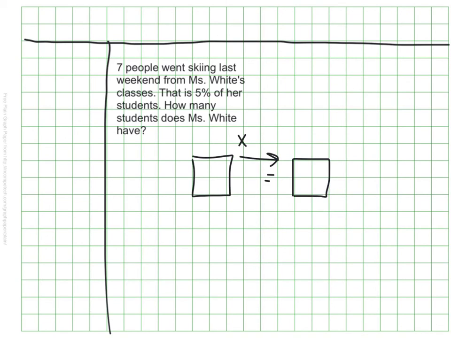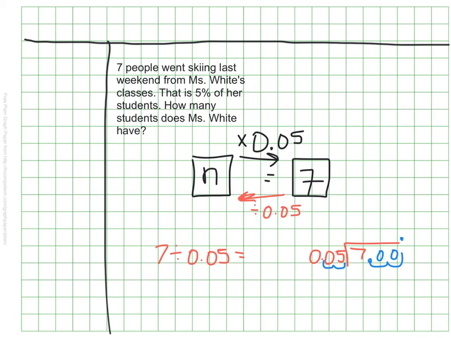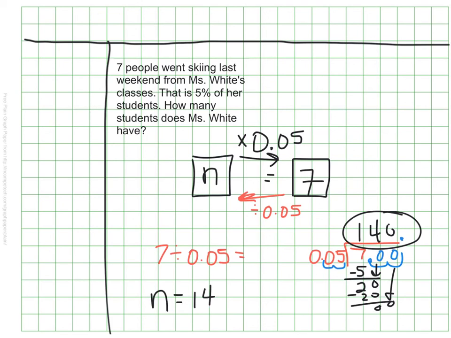I want you to solve this all the way through before unpausing the video to check your answer. How'd you do? I found out that there were 140 students total.